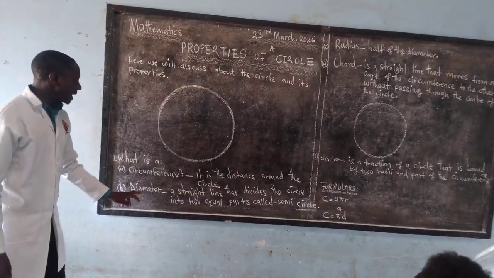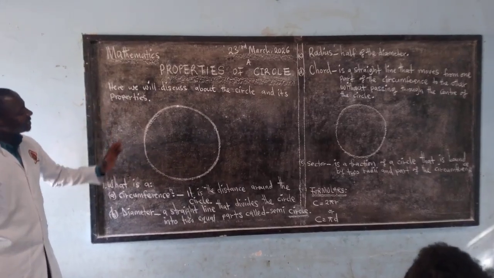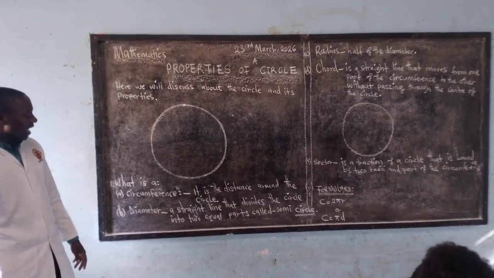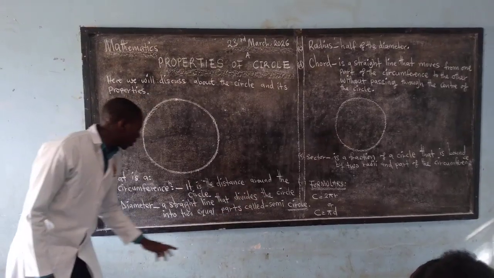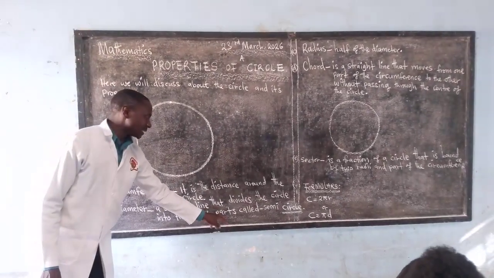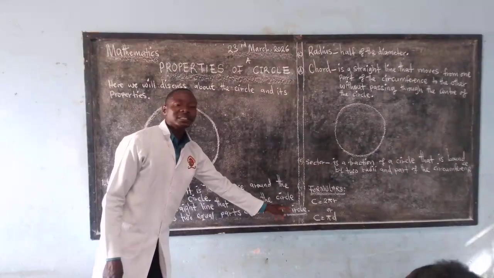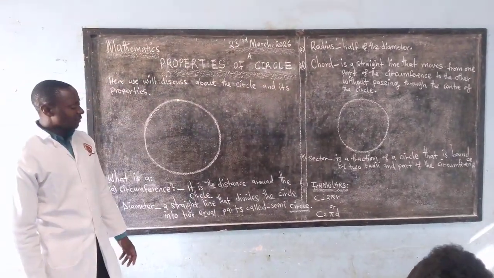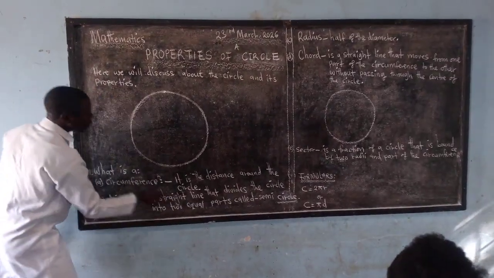What is a diameter? A normal circle must have a diameter. A diameter is a straight line that divides the circle into two equal parts, and those equal parts are called semicircles.